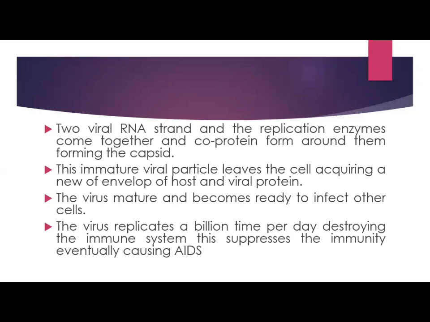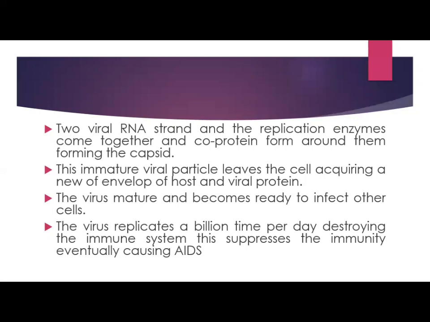So after the destruction of the cell, the immature viral particle will leave the cell acquiring the envelope. This envelope will be composed of the cell membrane of the cell.